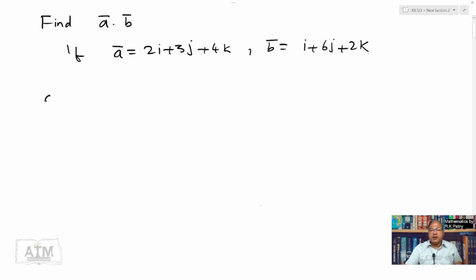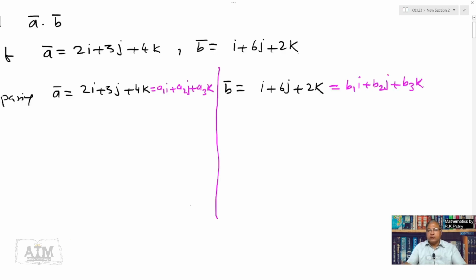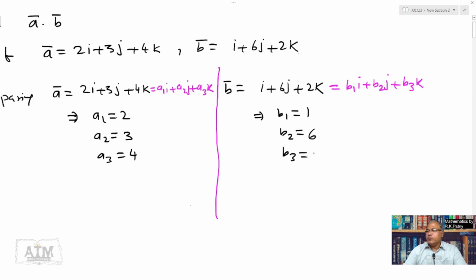So, comparing vector A and vector B, now A is compared with A1i plus A2j plus A3k, which implies A1 equals 2, A2 equals 3 and A3 equals 4, and comparing vector B with B1i plus B2j plus B3k implies B1 equals 1, B2 equals 6 and B3 equals 2.